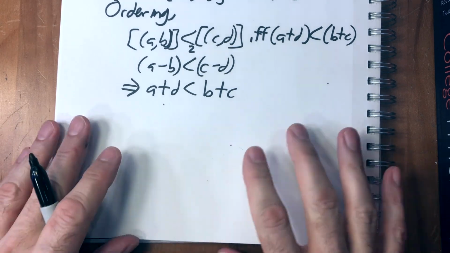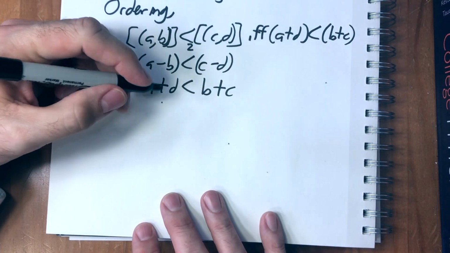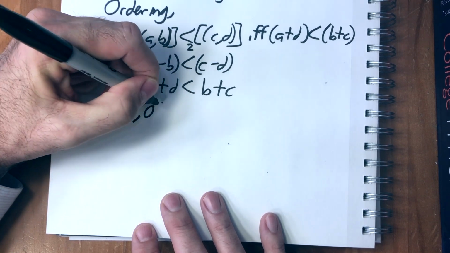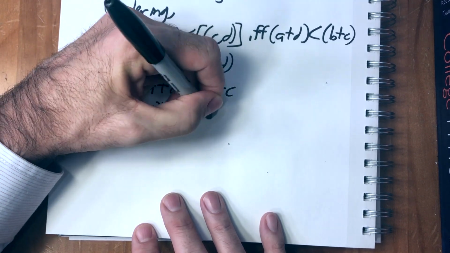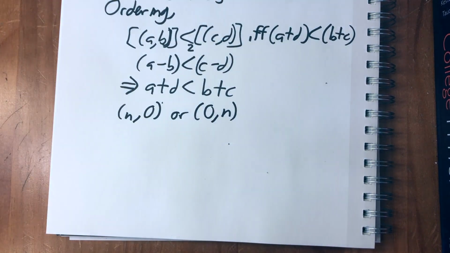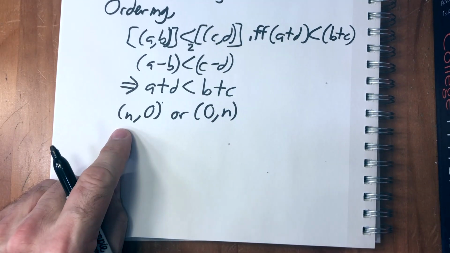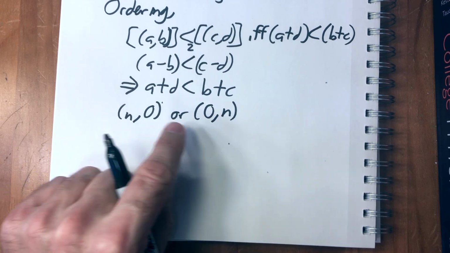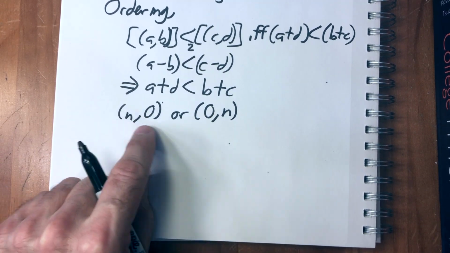Okay, one last thing to point out, every equivalence class has a unique member in the form of either (n, 0) or (0, n). So the natural numbers are identified with (n, 0), right? So 1, 2, 3, it's just 1 minus 0, 2 minus 0, 3 minus 0, and so on.